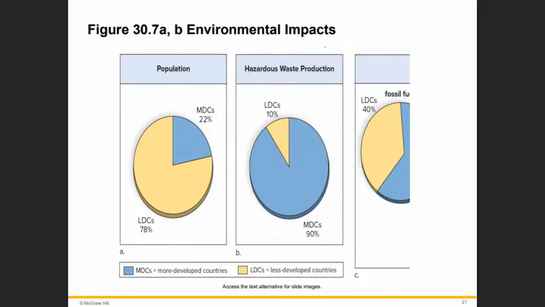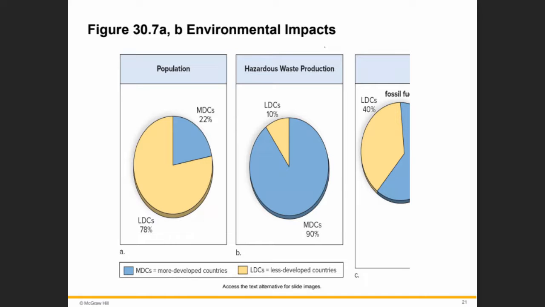There are three pies over here. The first pie chart shows the population: most developed countries 22%, and less developed countries 78%.